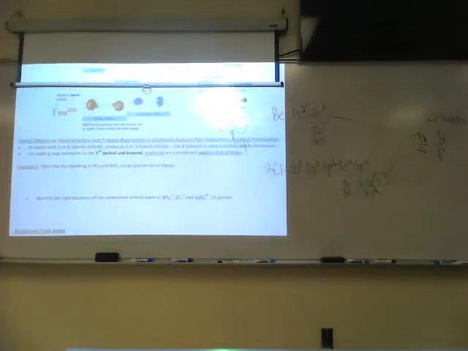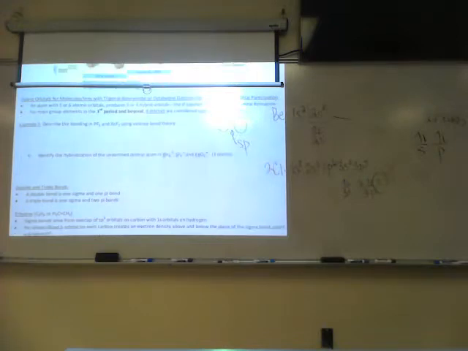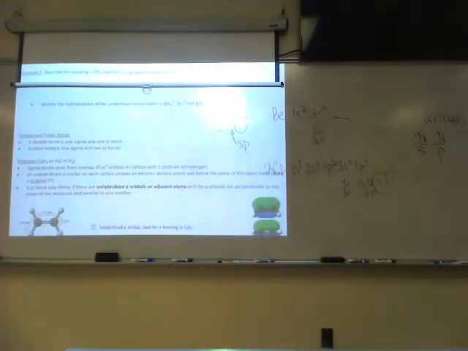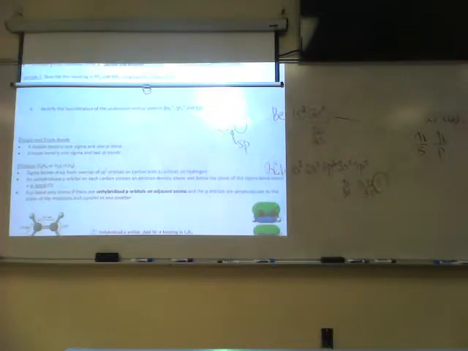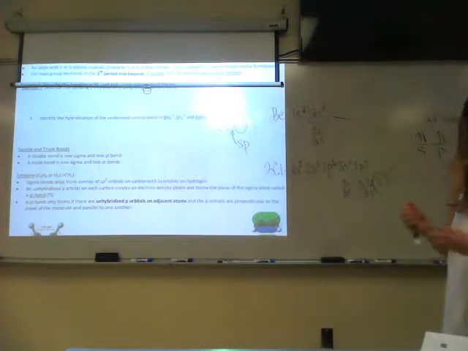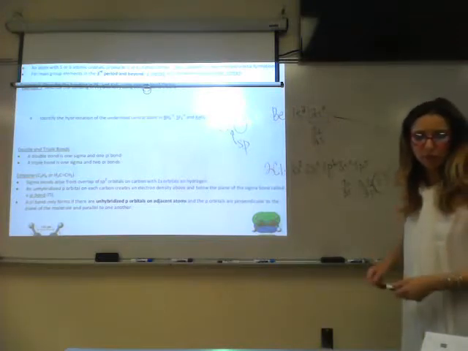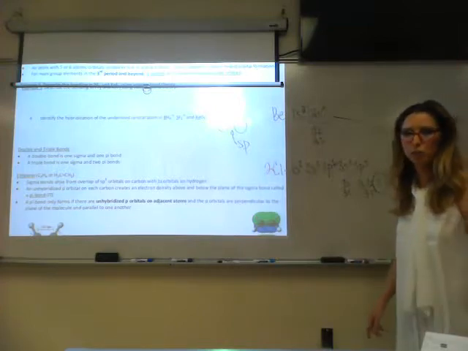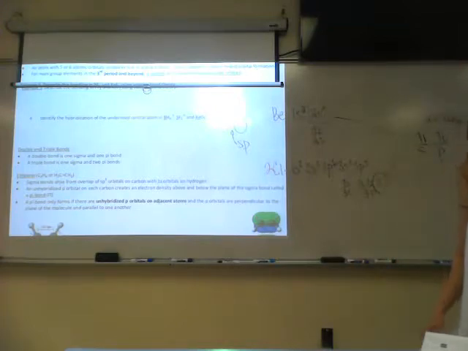Let's go down to example 5. Describe the bonding in PF5 and XeF2 using valence bond theory. I'm going to have you do that with a person sitting next to you. Draw the structure, find the hybridization on the central atom, do your orbital diagram, and describe which electrons are overlapping to create the bonds and those hybrid orbitals.